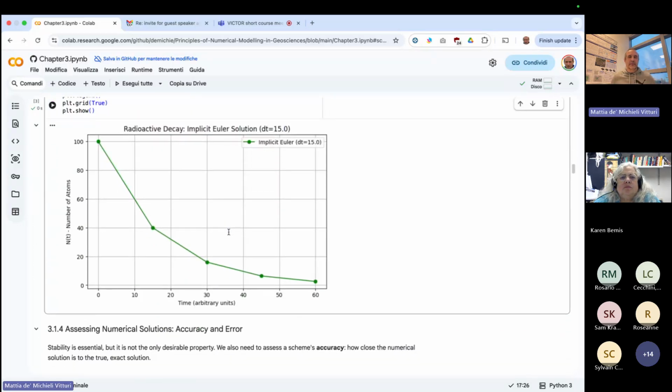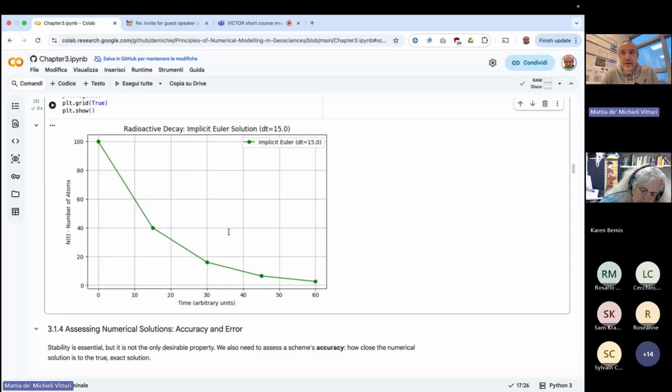And what you see is that we have obtained now a solution that at least physically is more reasonable than the previous one. So we have already seen an advantage of an implicit method with respect to an explicit method. This implicit method, so the implicit Euler method, is unconditionally stable. What does it mean unconditionally?